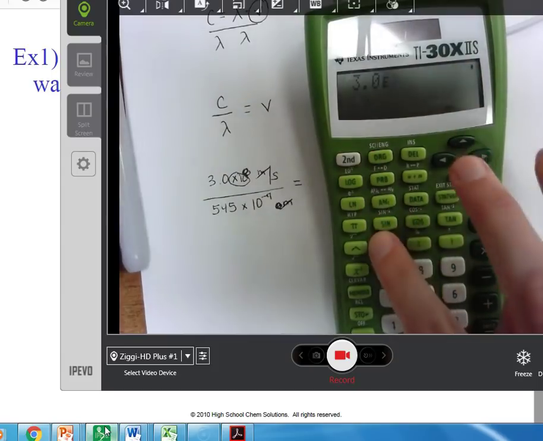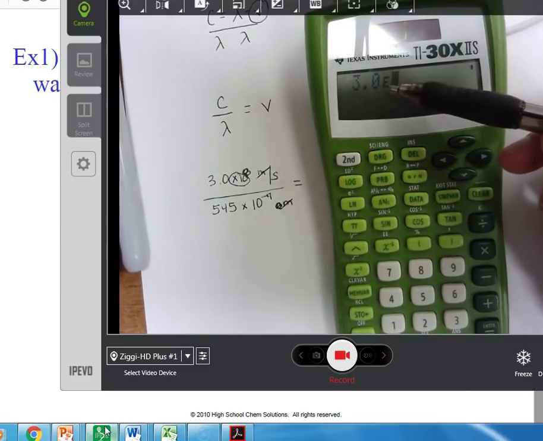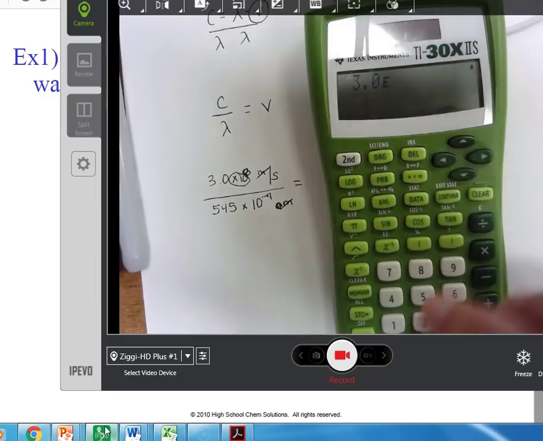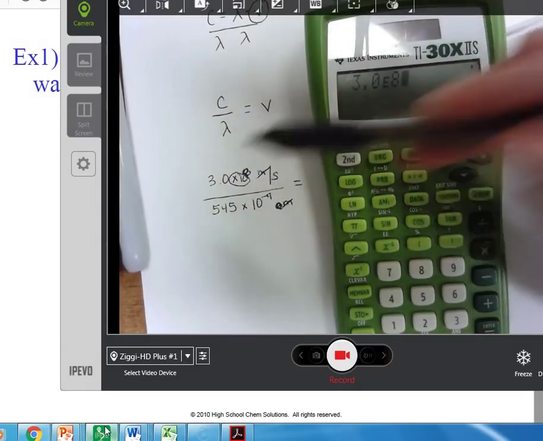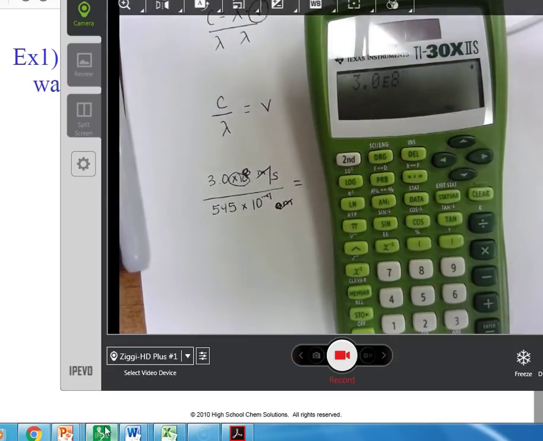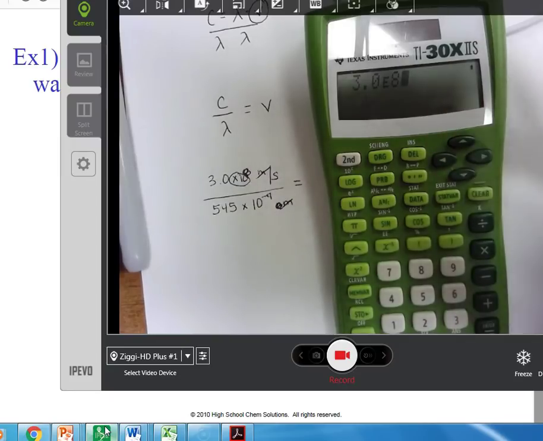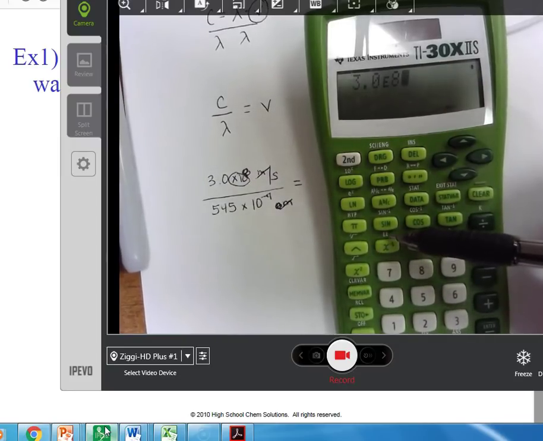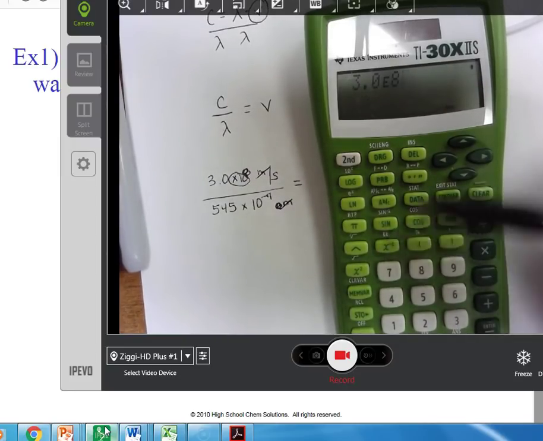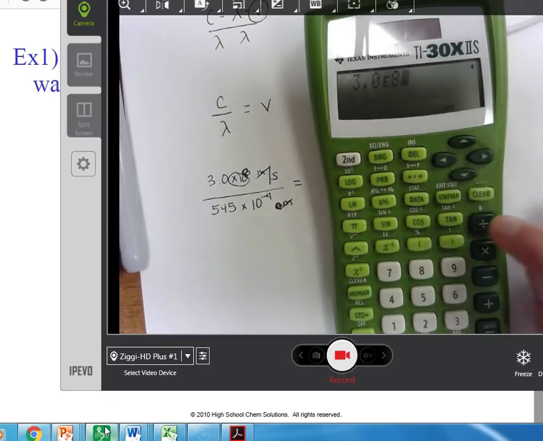You're going to do EE, and you should see a single E show up on your calculator, and then you just put in your exponent. Notice I did not type times or 10 on my calculator. That will mess up your math. If you have a different calculator, we can figure out where that button is on yours, but look for this capital E button if you have a Texas Instruments calculator.